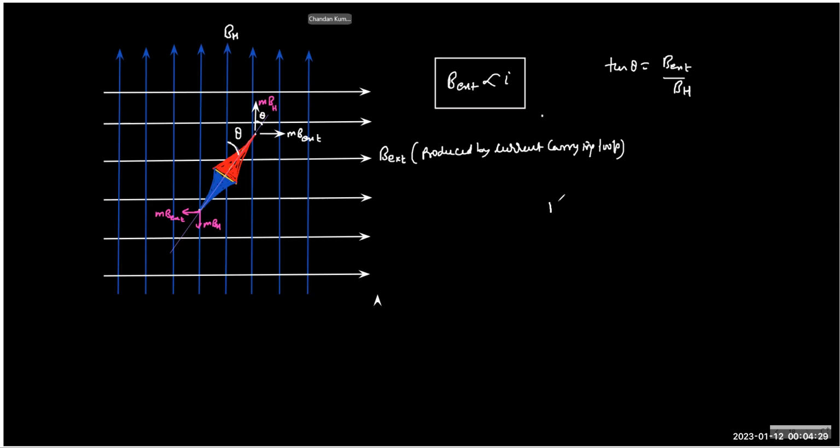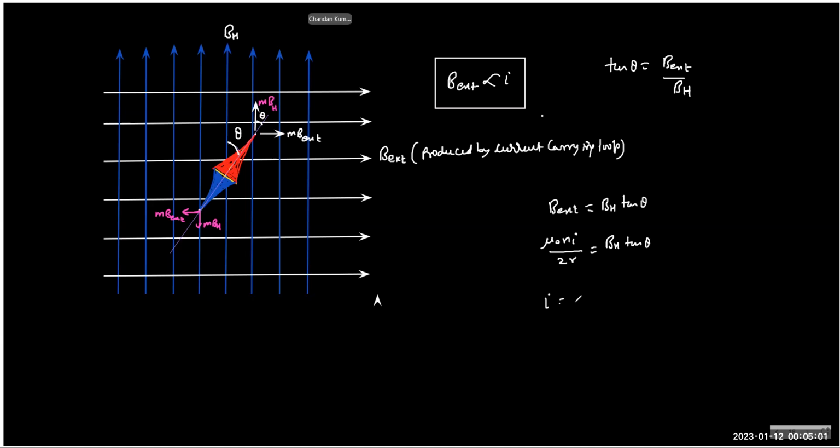And therefore, the BEXT is how much? BEXT represents any current based formula. So BEXT can be written as some constant C into I. Of course, I can write here the full formula, but any constant times I is also sufficient. So we have mu naught NI by 2R, and this is BH.